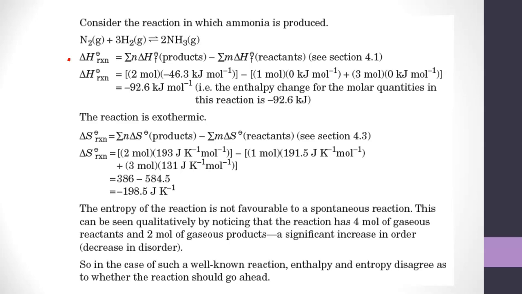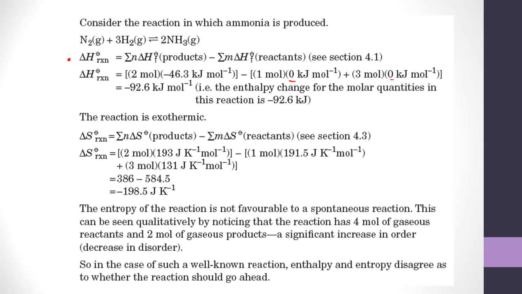Remembering that we take products minus reactants, and in this case the reactants are both zero because we have elemental nitrogen and elemental hydrogen, we just get 2 times the enthalpy of formation of ammonia, which gives us negative 92.6 kilojoules per mole.